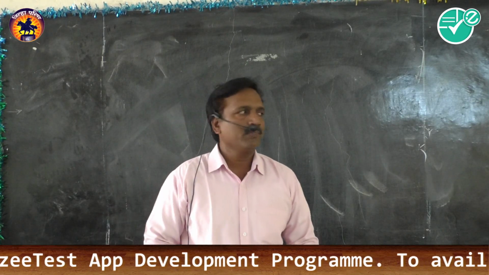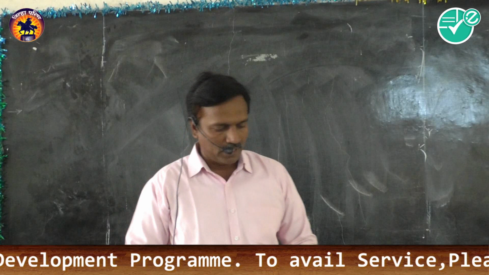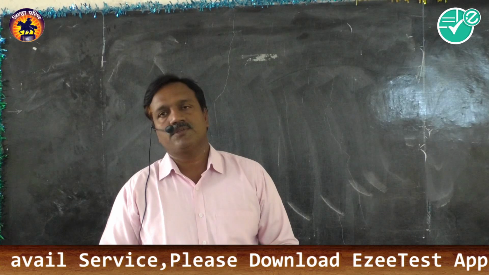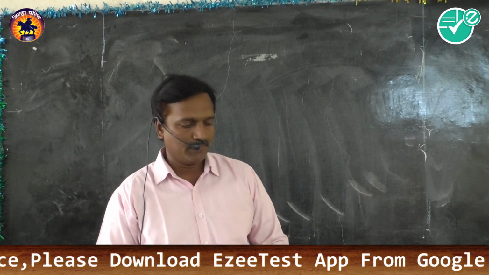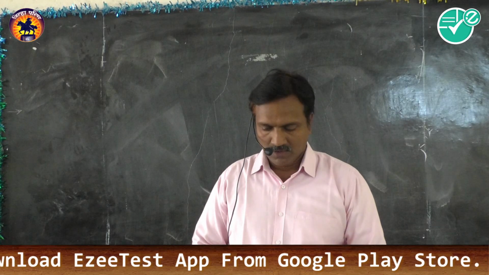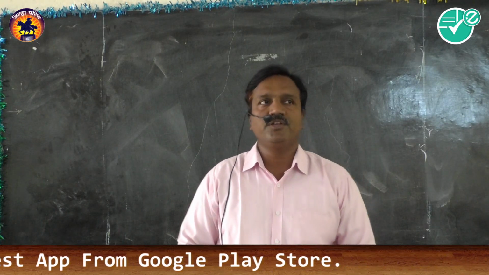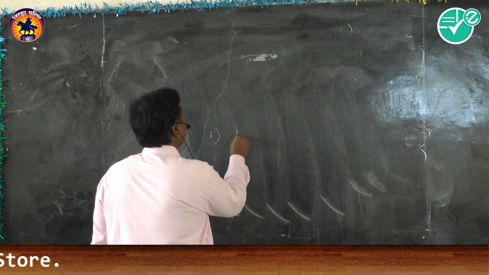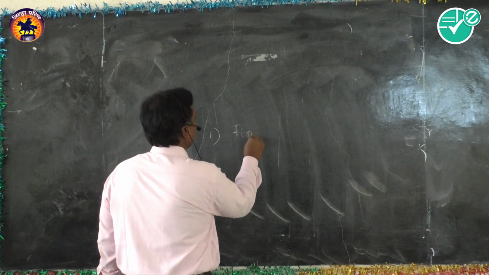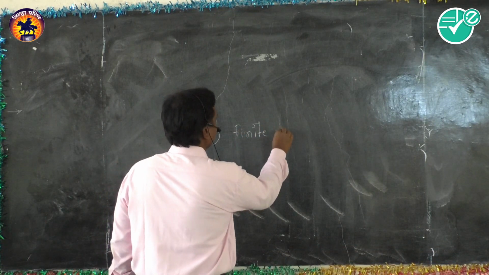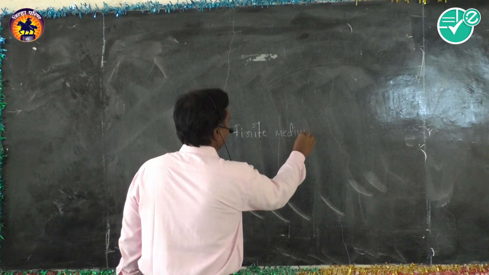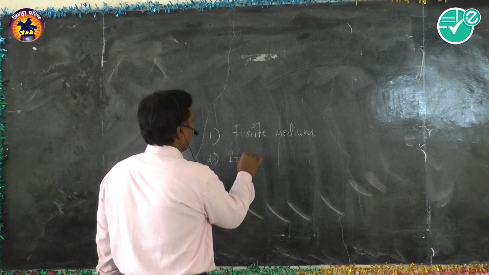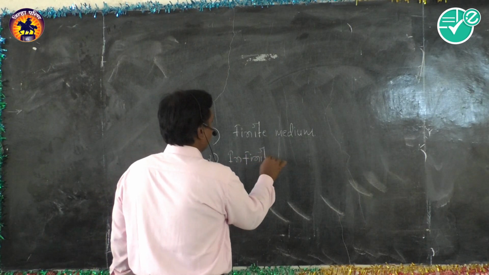Firstly, we are going to study the vibrations of these standing waves in case of finite medium. We are going to see how they are formed and what the effect of medium is. Medium can be said to be of two types: firstly, finite medium, and secondly, infinite medium.